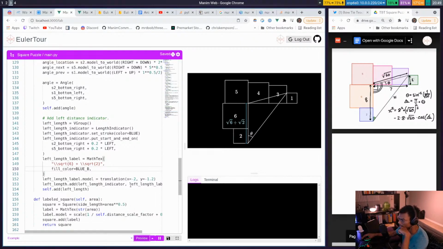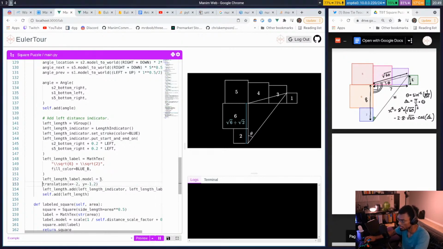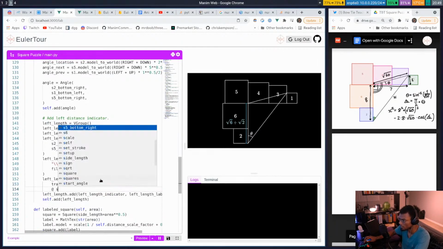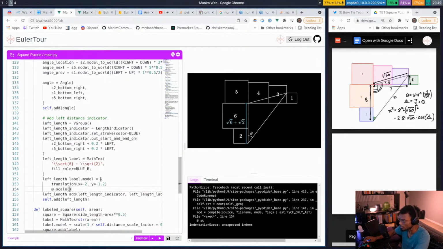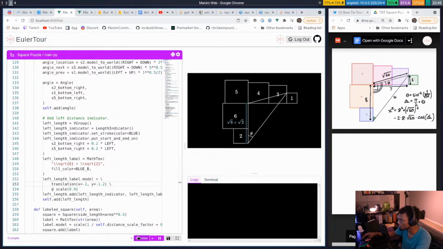Maybe I want it smaller. Let me scale it, then translate it. Oh, yeah. 0.9, can I get away with 0.8?